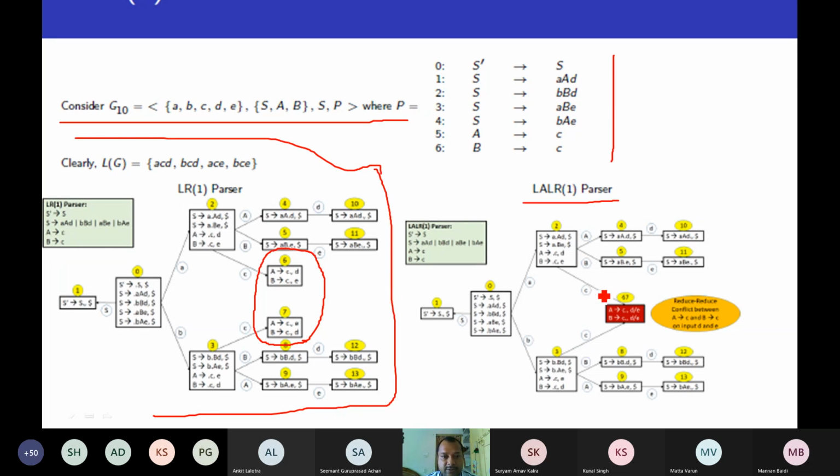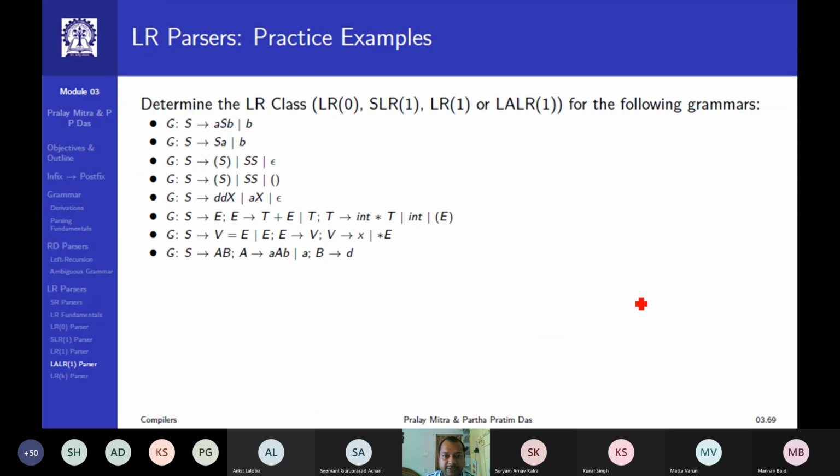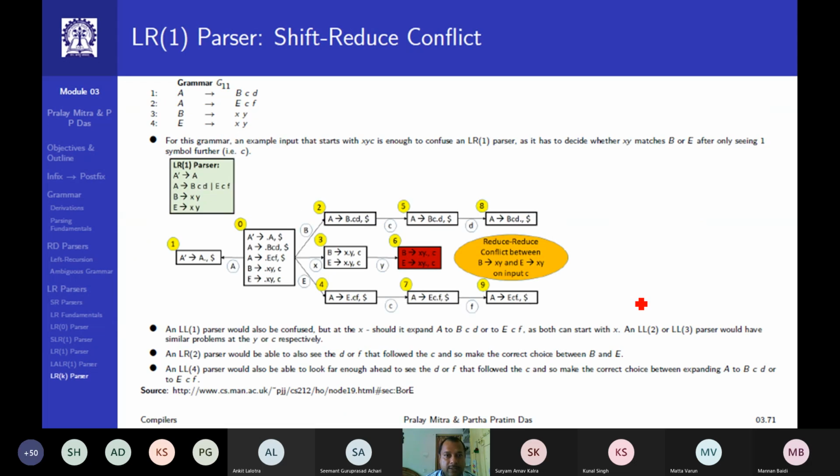Now this kind of situation, you see, is creating the reduce conflict. This is one practice example you can consider. Here it is more prominent: a shift reduce conflict and a reduce conflict between B derives xy and E derives xy on input C. It was taken from that previous slide.